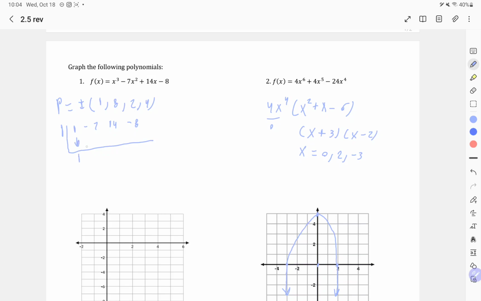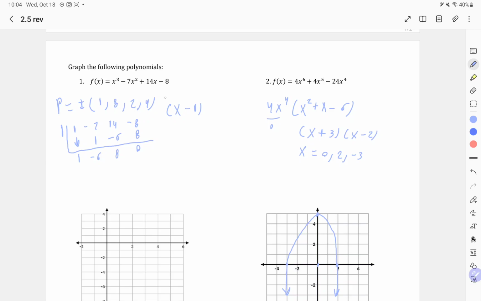So 1 times, it's just negative 6, negative 6, and 6 is that. Whoa, oh my god. 8, that's 0. Okay, we got our first one, which is x minus 1.